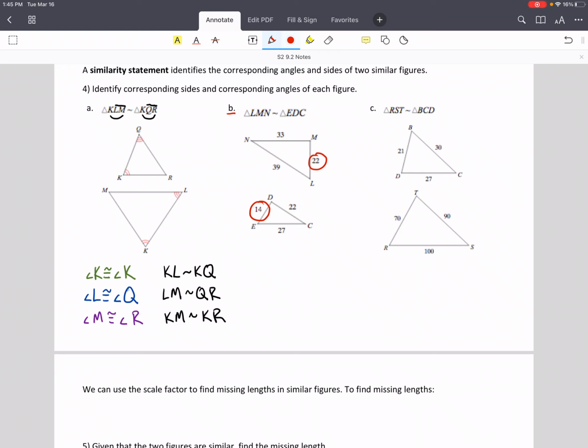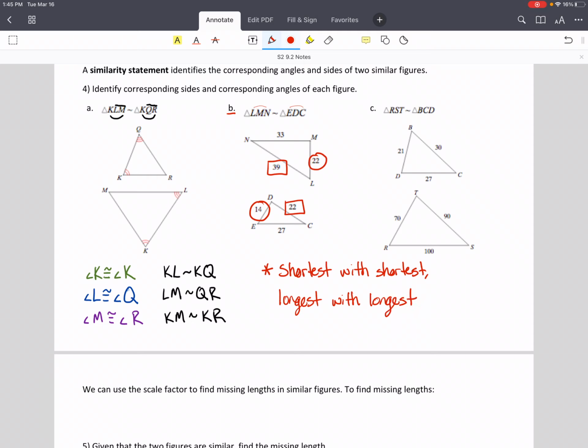If I come and look at LM at 39, and that goes with EC at 22, well, hey, 39 was the longest piece of that first triangle, and 22 is the longest piece of the second triangle. And so something that helps me a lot when I'm trying to decide which ones go together: the shortest goes with the shortest, the longest goes with the longest.